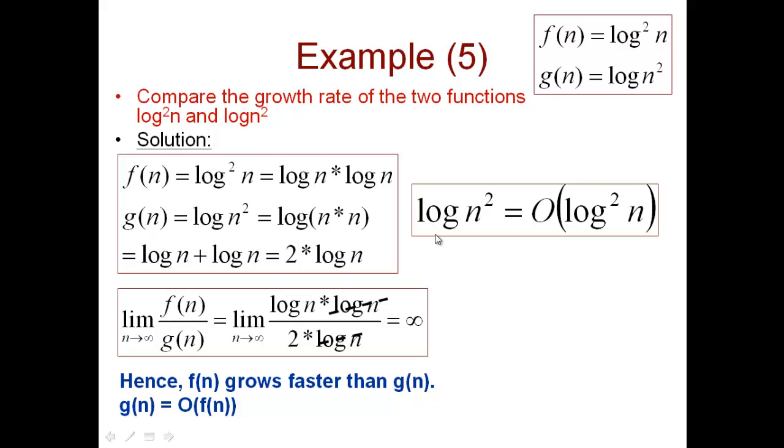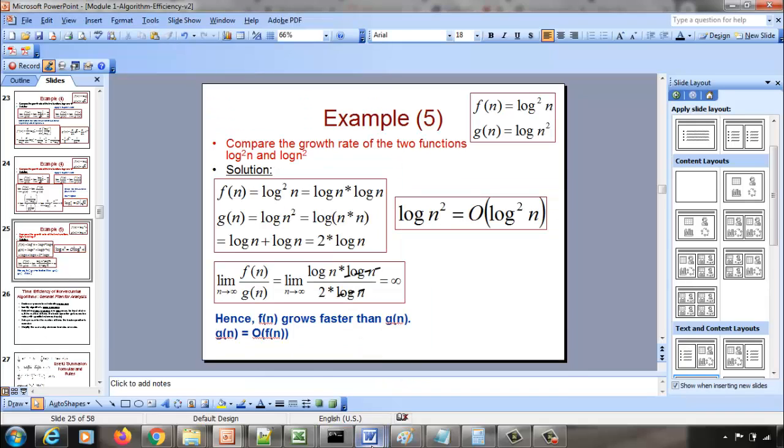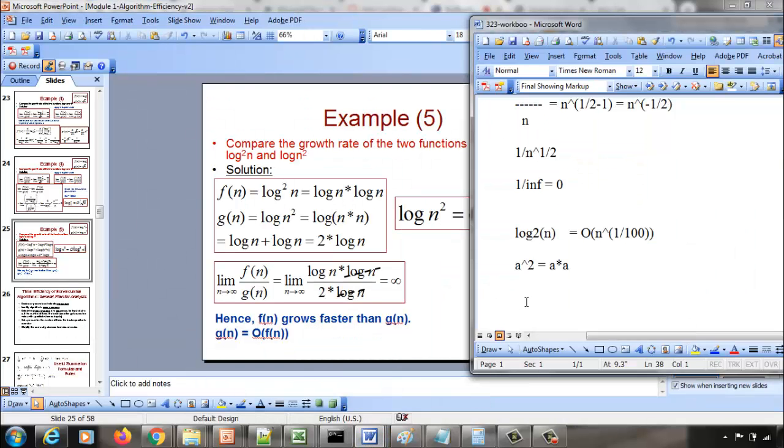So you can also have here, instead of n square, n raised to 100. So log of n raised to 100 is going to be, anyone can say what is log of n raised to 100? Log n square, I said, is 2 log n. So log n raised to 100 is going to be 100 times log n.